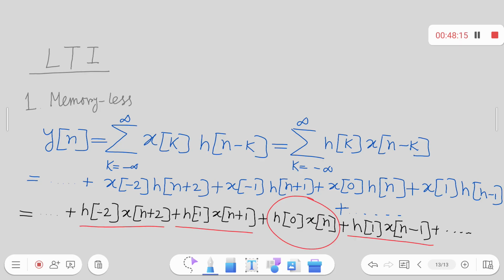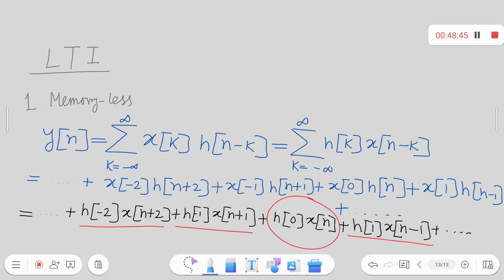The future sample. X of n plus 1 is a future sample. What is x of n minus 1? The past sample. What is x of n minus 2? The past sample. But since the system is memoryless, it will not depend on the previous or the future samples. It will only depend on the present sample. The present output is dependent only on the present sample, right? So it will only depend on h of 0. This y of n should be equal to h of 0 times x of n. It depends only on this.